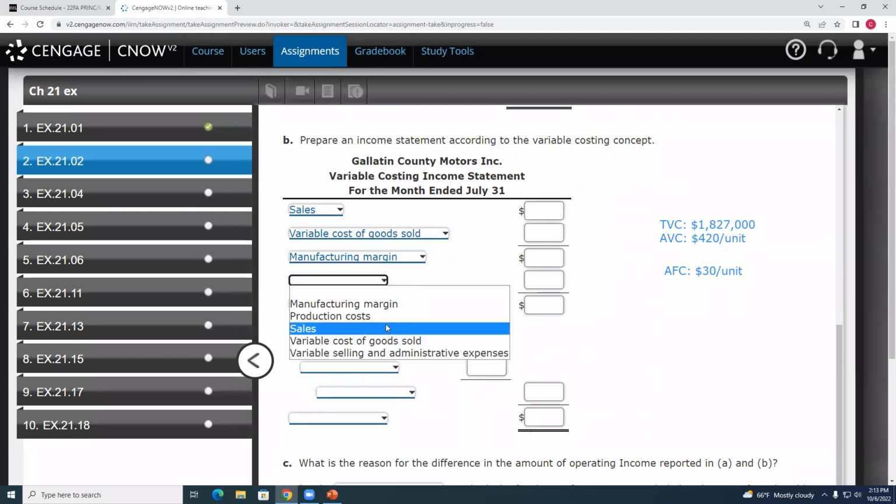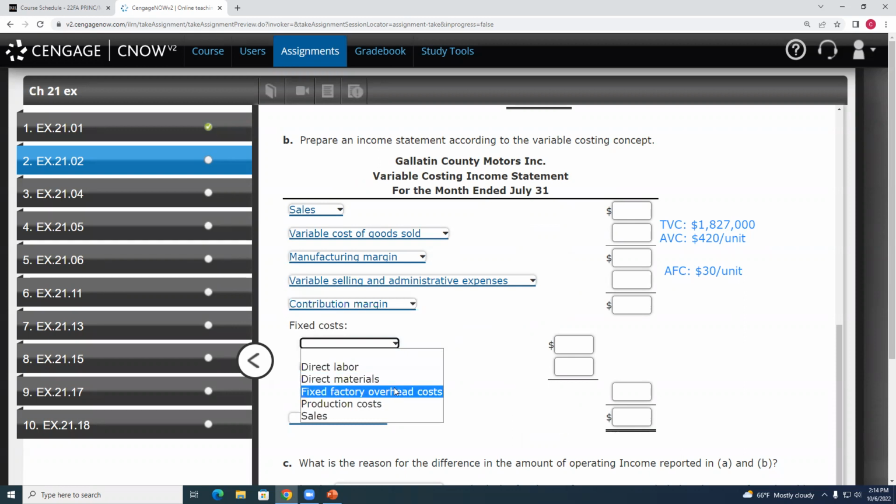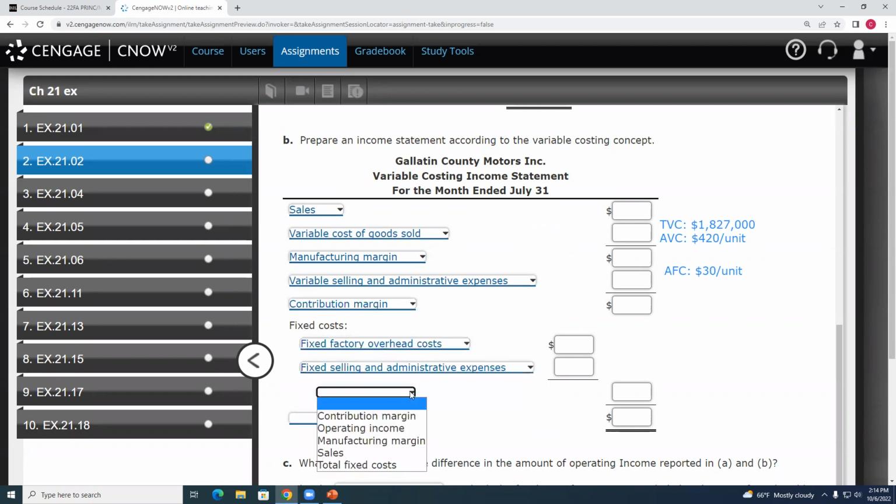Minus the variable selling and administrative expenses gives us our contribution margin. Then we subtract our fixed factory overhead and our fixed selling and administrative to get our operating income or loss.